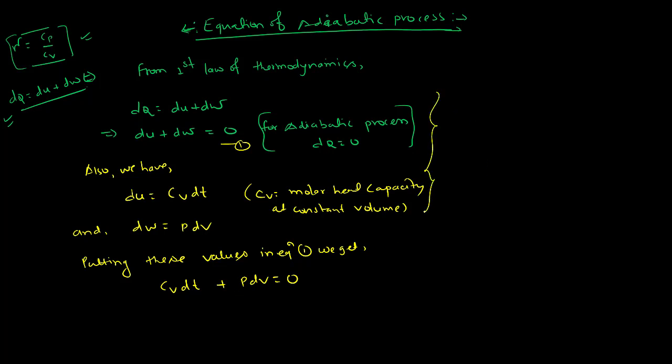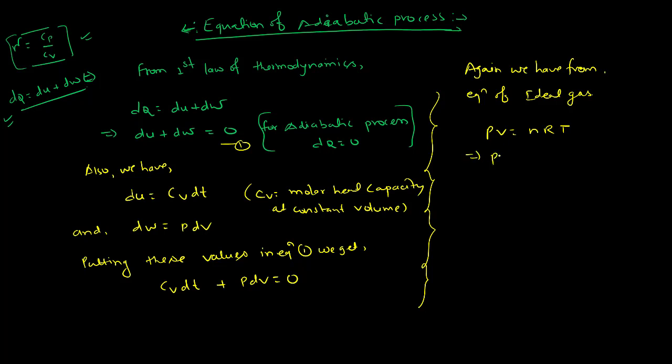Now again, from the equation of ideal gas, PV equal to nRT, or just we can say PV equal to RT for n equal to 1.